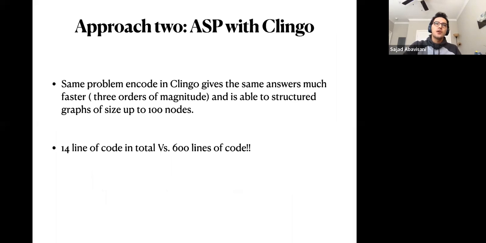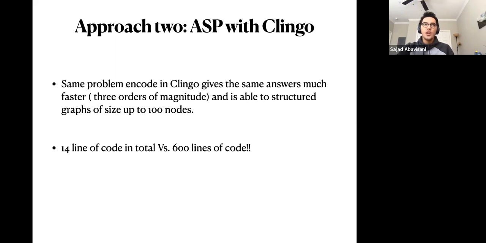So now the second approach is to solve the same problem, but with answer set programming. When we encoded this problem as answer set programming, we were able to get exactly the same results, the same graphs, but instead of like 600 lines of code, it's now like 10 or 14 lines of code. And the time it takes to compute is like 3 orders of magnitude faster.